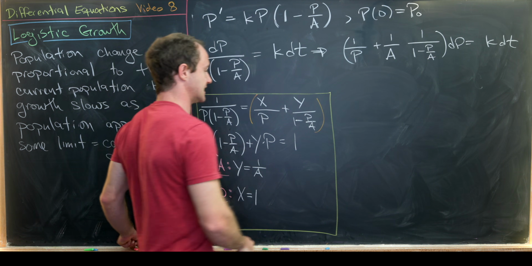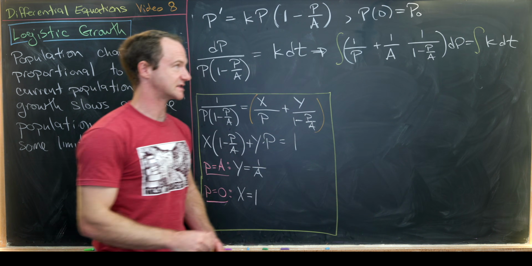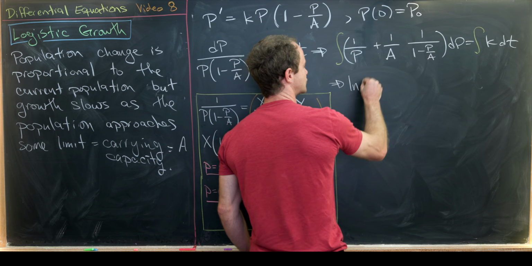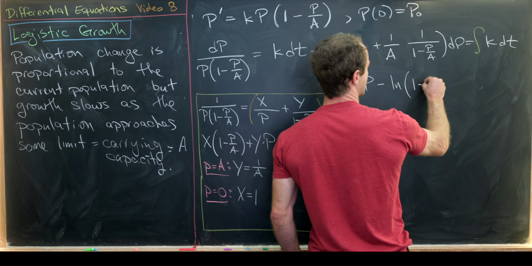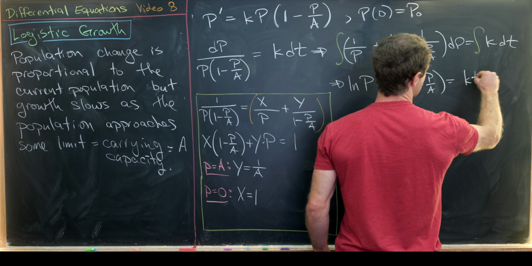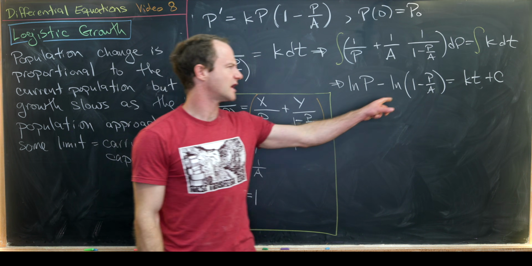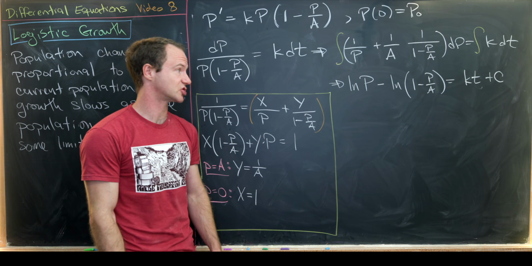Now we can take the antiderivative of both sides, left-hand side with respect to P, right-hand side with respect to t. So that's going to give us the natural log of P, and then we'll have minus the natural log of 1 minus P over A equals k times t plus some constant. Here I use the chain rule and stuff in order to take the antiderivative of that second term.